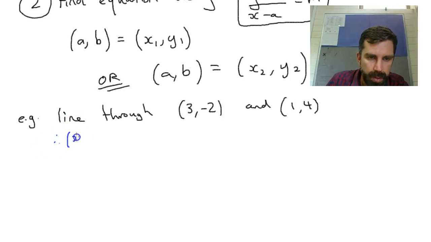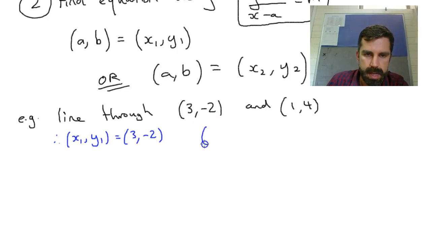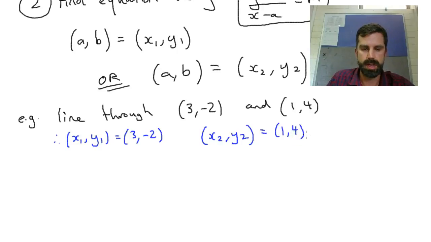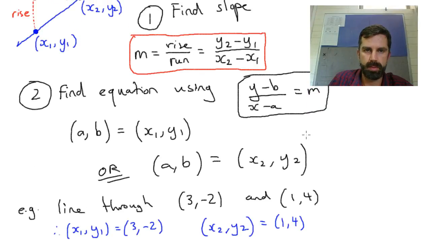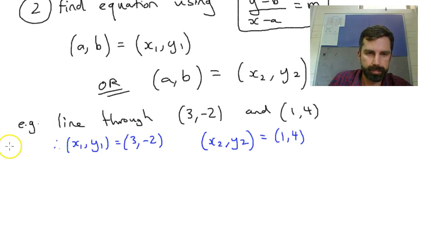Therefore, x1, y1 is 3, -2, and x2, y2 equals 1, 4. What's my first step going to be? Well, my first step is to find the slope. Okay, so if we come back down, m equals y2 minus y1 over x2 minus x1.